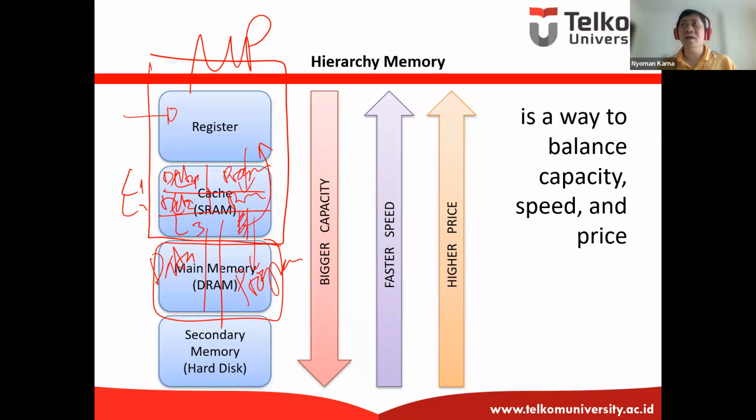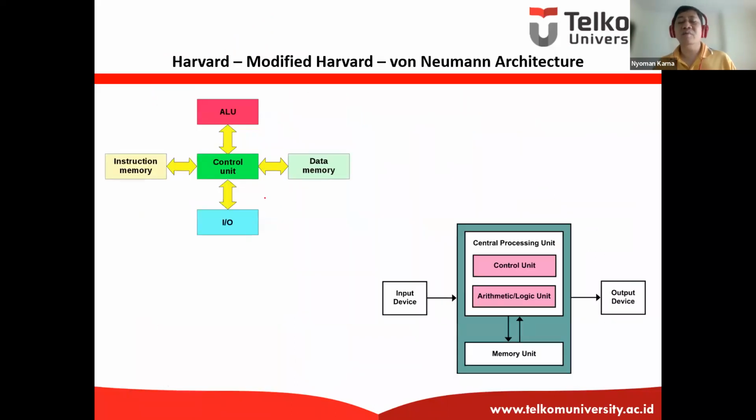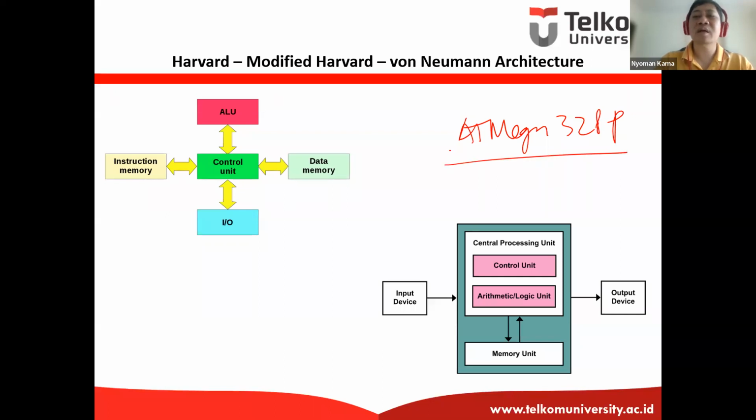That's modified Harvard architecture. When we talk about it, that's because after this, we're going to discuss microcontrollers, especially something that we call Atmega 328P. In Atmega 328P, they use something that we call modified Harvard.